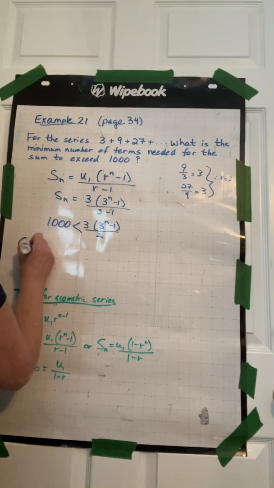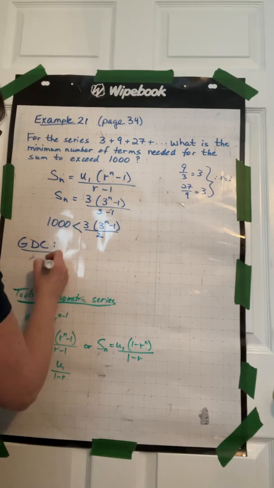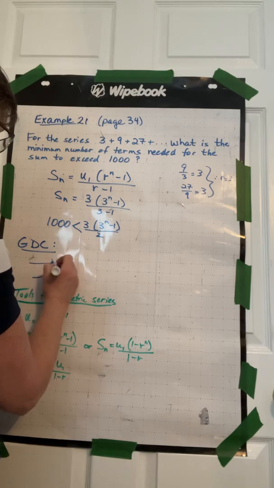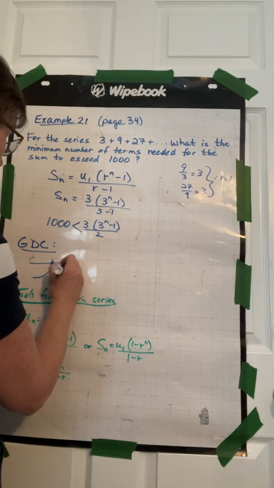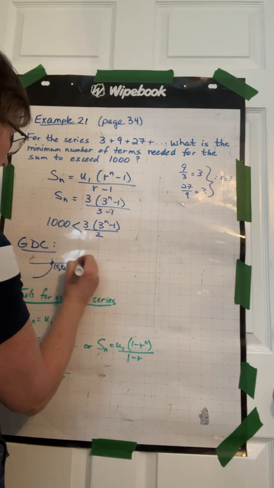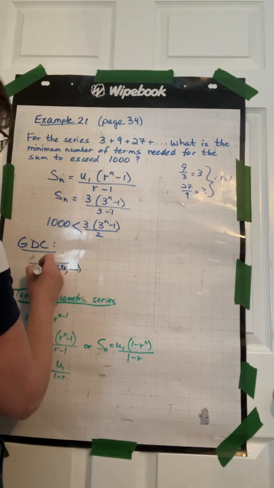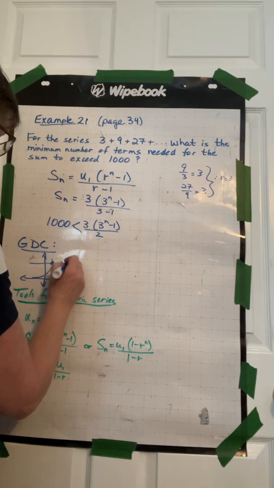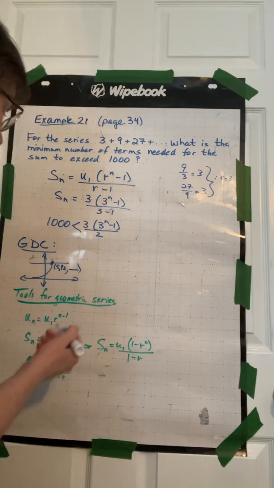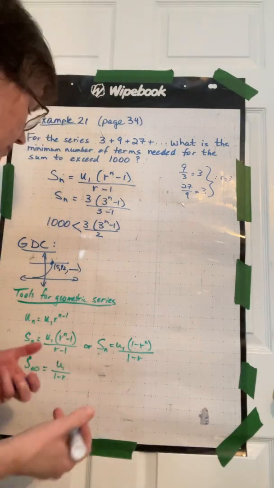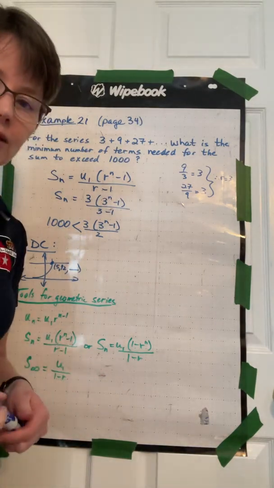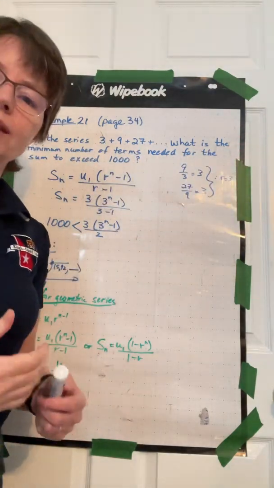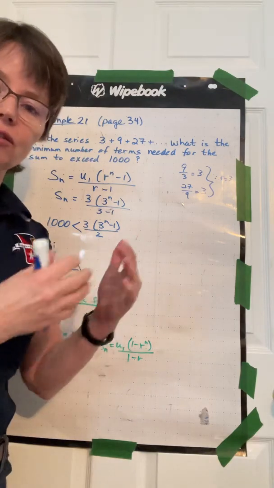So for graph GDC, you might plot a little graph to show that you found that point of intersection, 5.92, and whatever the y coordinate was. Okay, so there's your little plot. And now we need to think about what n has to be equal to. Because n is the position in the sequence, we know that n always has to be a positive integer.